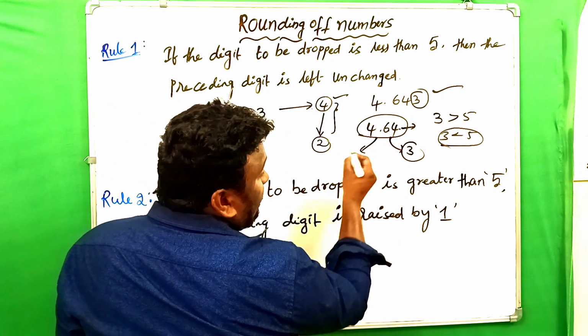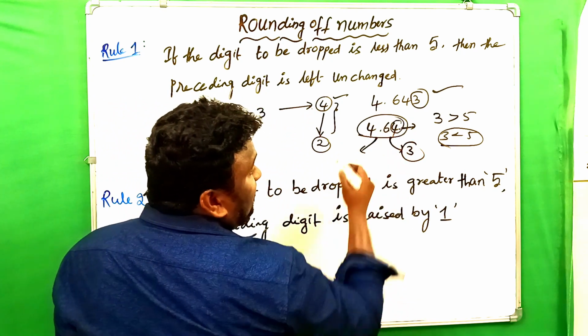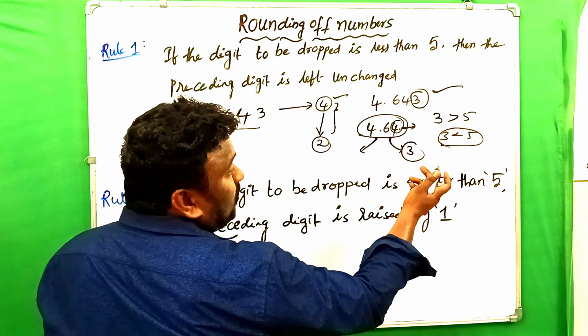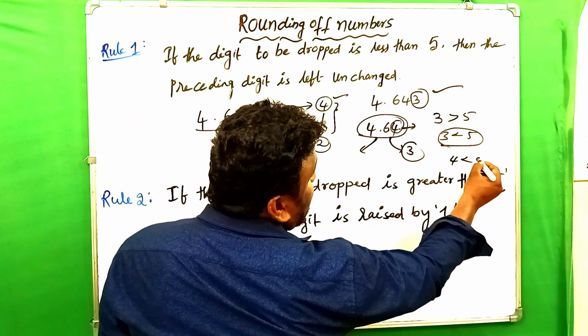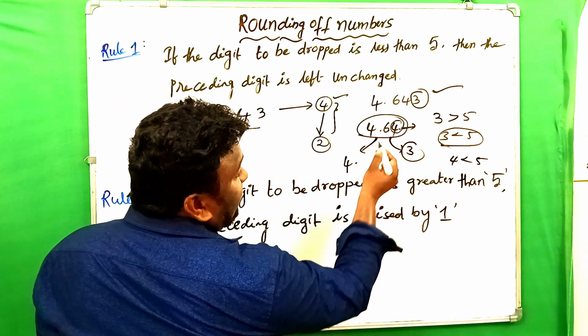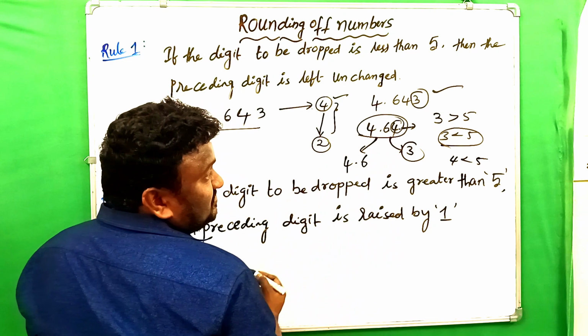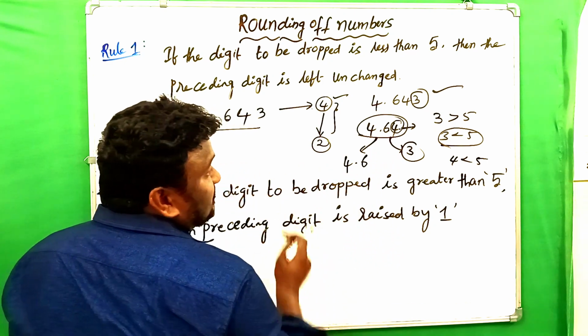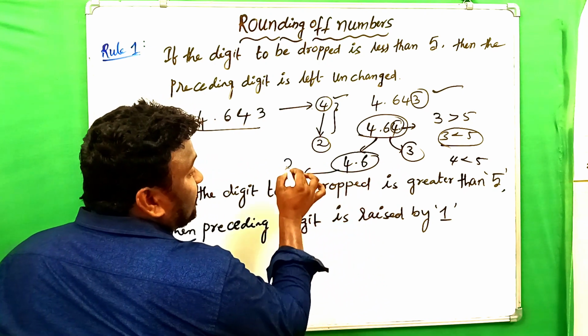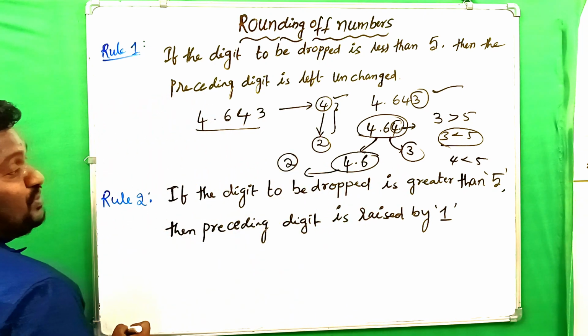Now again we have to check. This 4 is the insignificant digit now, and it is going to be dropped. Again that 4 is less than 5, so there is no modification to the 6. Simply we can write 4.6. This is now a number with 2 significant figures.